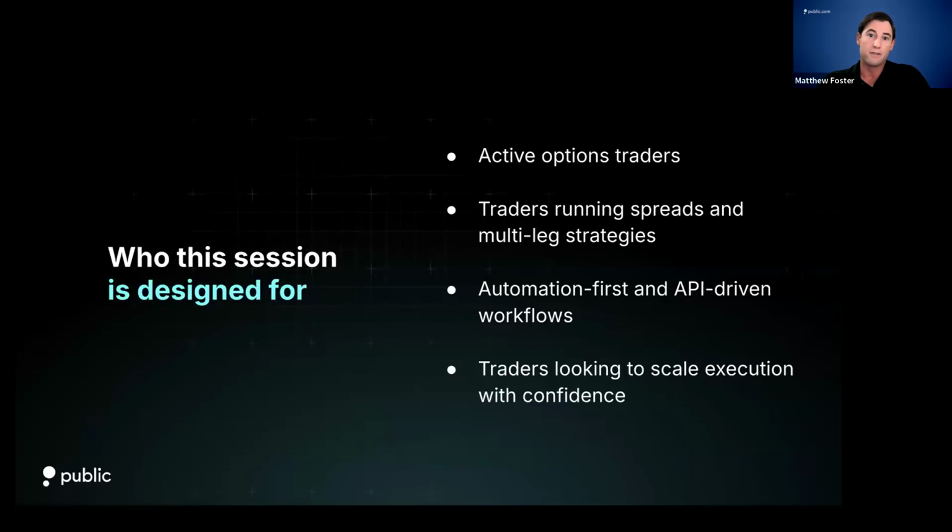And most importantly, this is for traders who really want to increase frequency or volume without increasing any type of operational risk. As options markets become more competitive and more strategies are automated, execution quality and cost structure matter more than signal quality. That's why better infrastructure decisions are becoming a real edge for traders right now.